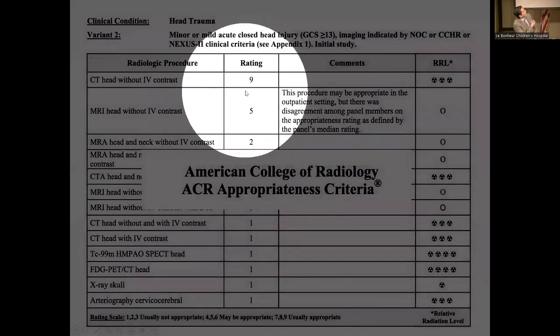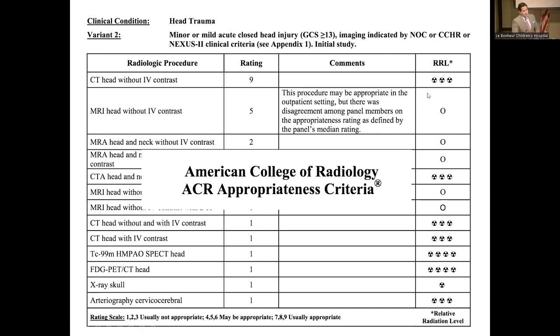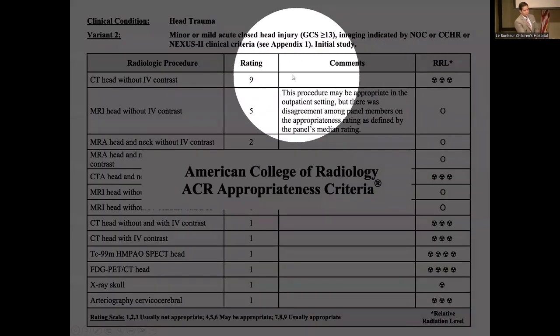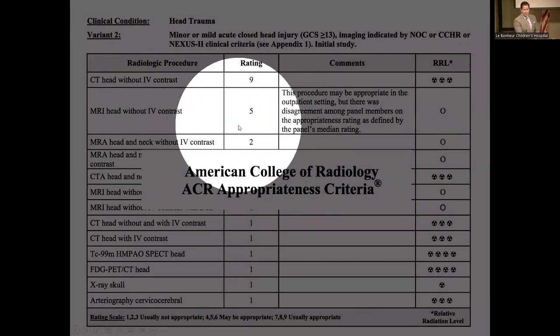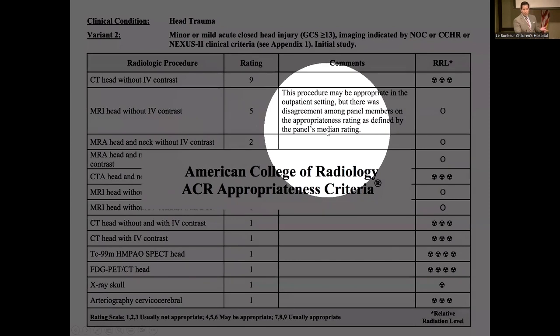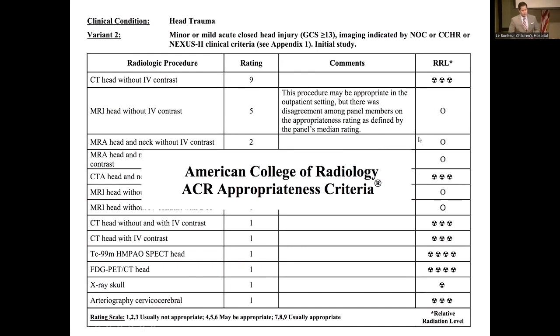That's a rating of 9. We don't have extra comments, and this is the amount of radiation. A second option, for example, if you have an MRI of the head, will be 5. It's not great. There are some comments. Some people agree, some people don't agree. The good thing is it doesn't have radiation. So this is very helpful, especially for clinicians that are not radiologists, but radiologists, we use it all the time too.